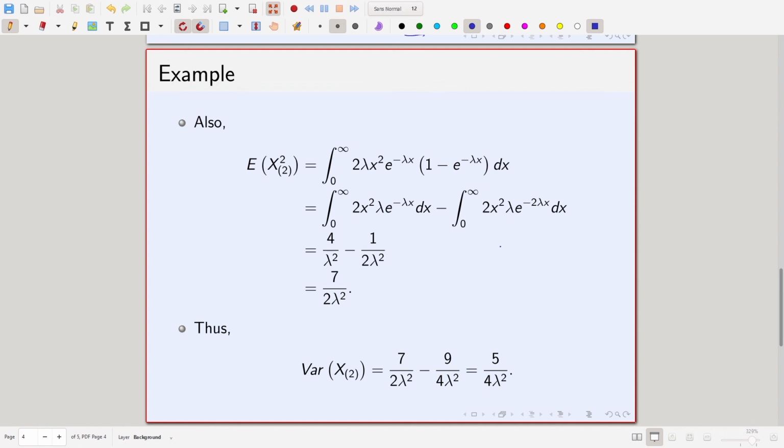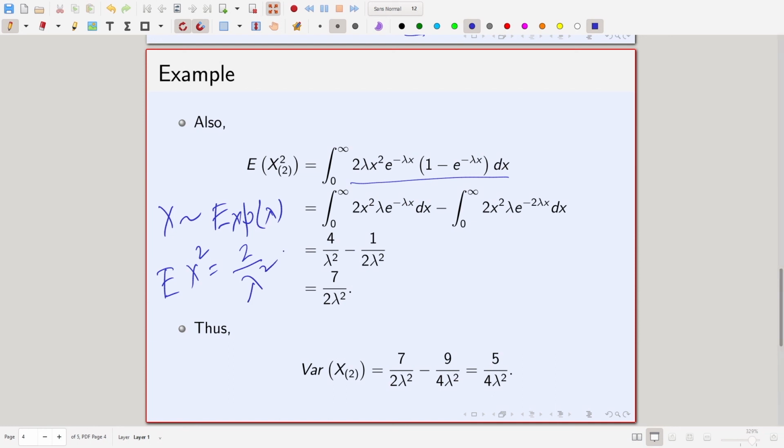Before finding the variance, we first find the second moment. Again, we need to calculate this because the density is what is given in the previous slide. Now, if x is exp lambda, then expectation of x square is given by 2 over lambda square.